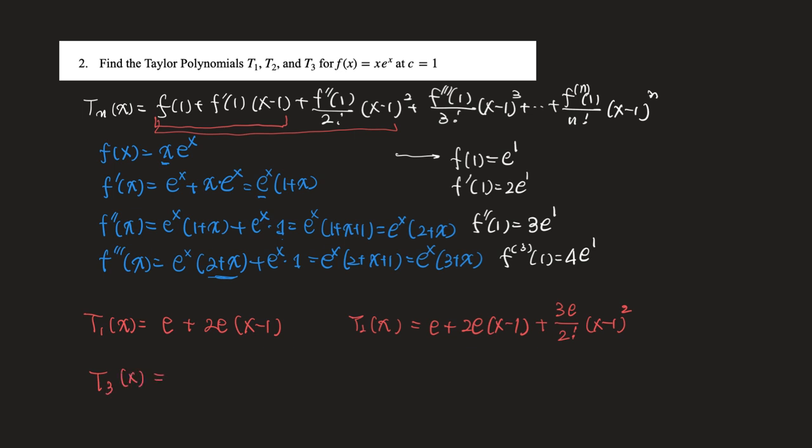Here you find e plus 2e times (x minus 1) plus 3e over 2, since 2 factorial is 2, times (x minus 1) squared. One more term: third derivative, 4e over 3 factorial times (x minus 1) cubed. What is 3 factorial? 3 factorial is 6. That's how you find the Taylor polynomials T1, T2, T3 for the given function.